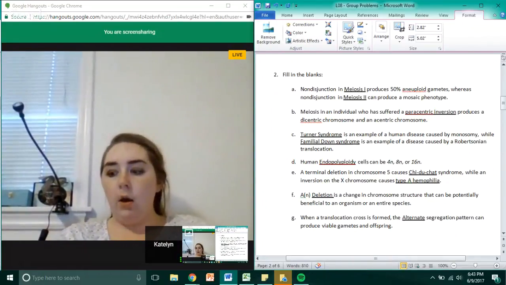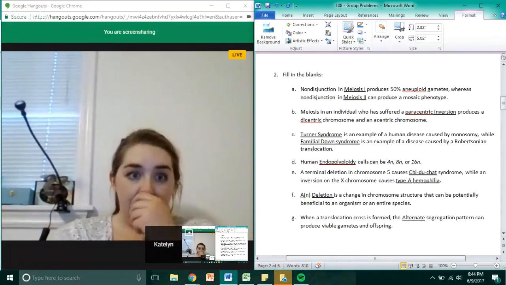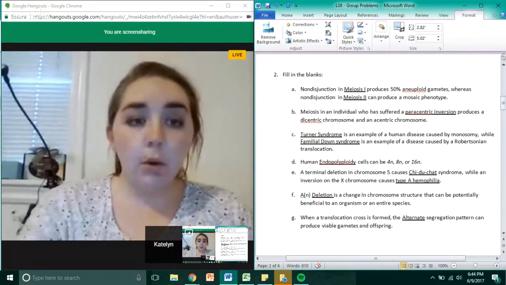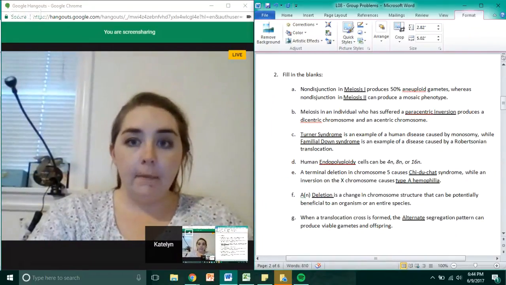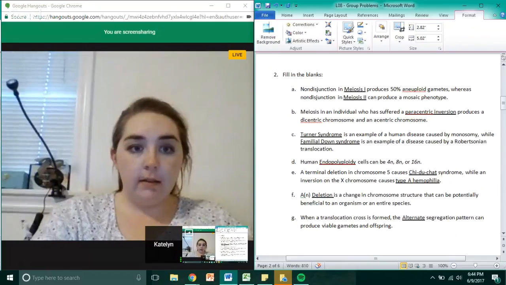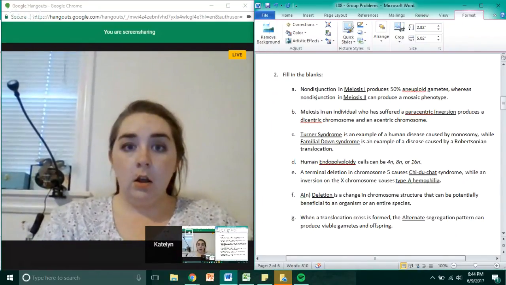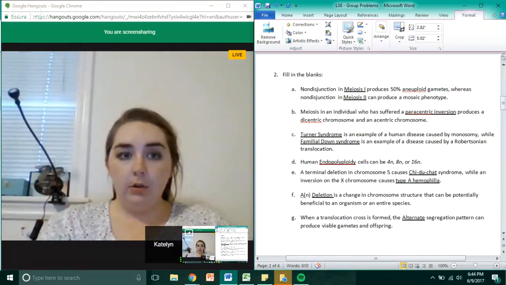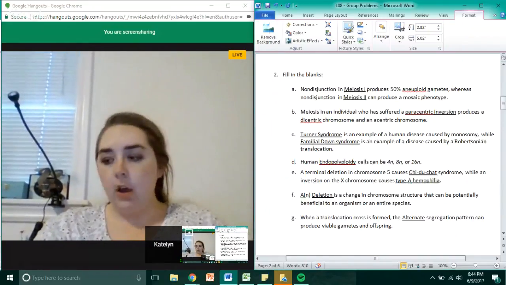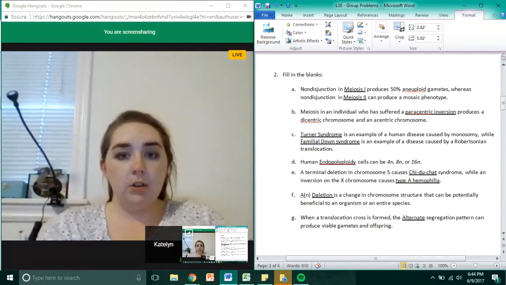Two of the 4 cells will have all of the chromosomes in them, and in meiosis 2, one will have 4 types of chromosomes. One will have no chromosomes, and the other 2 will be evenly distributed.